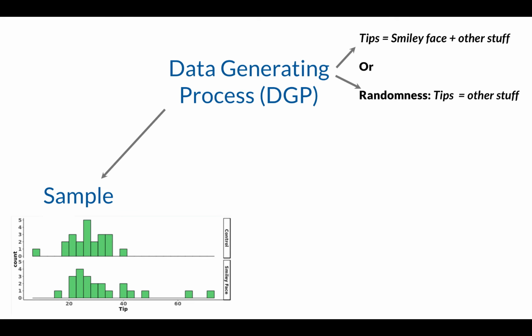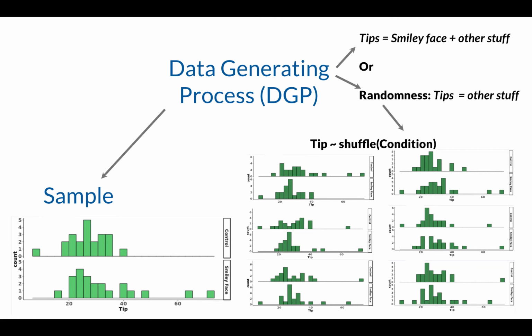Now, the nice thing about R is that we could actually generate data using a random process, such as shuffle. And so when we shuffle condition, what we do is we randomly place each of these tip values into one of these two conditions, right?